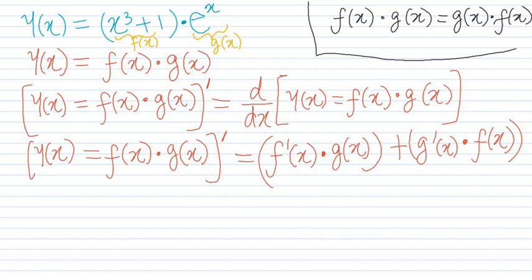So you can literally end up with g prime of x multiplied by f of x plus f prime of x multiplied by g of x. You can do both. There is no issue.